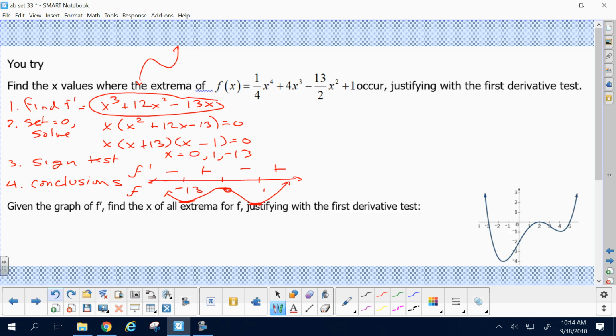With that little doodle, it's easy to see what's mins and maxes, but you still have to conclude. Now the good news is that you can write those two mins together. Do we agree we have mins at negative 13 and 1? You can put them together so you don't have to write 3 sentences. F has relative mins at x equal negative 13 and 1 because what?